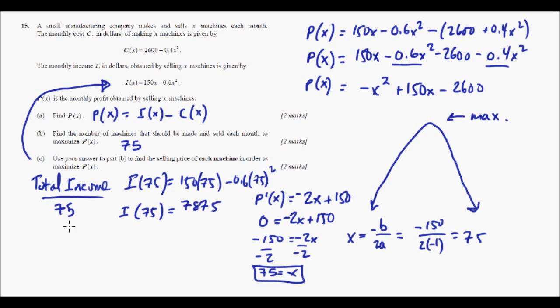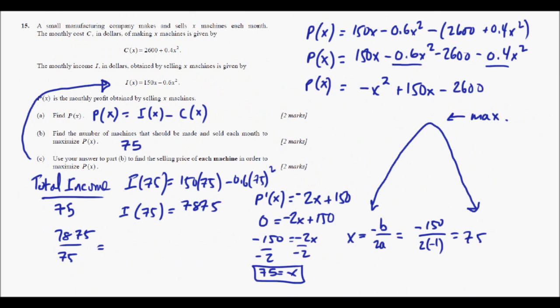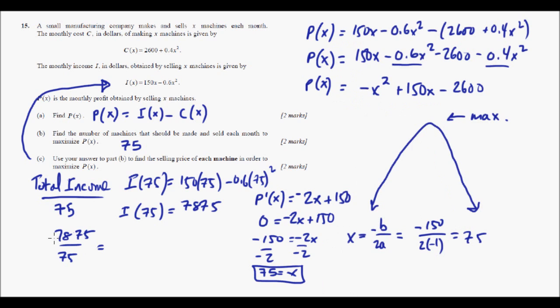Then we're just going to divide that by 75. 7,875 divided by 75, which I think, if I remember correctly, is 105. So divide by 75, and you get 105. It's cost in dollars, so it's $105.